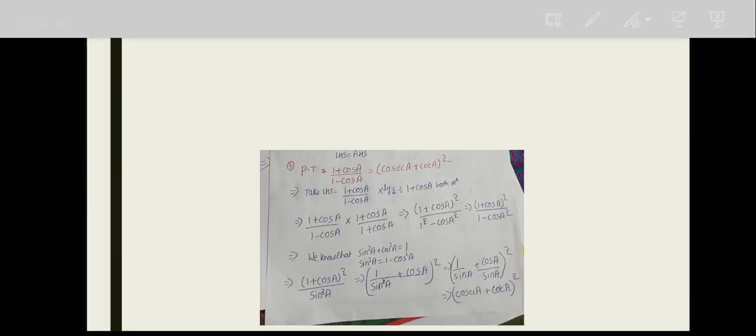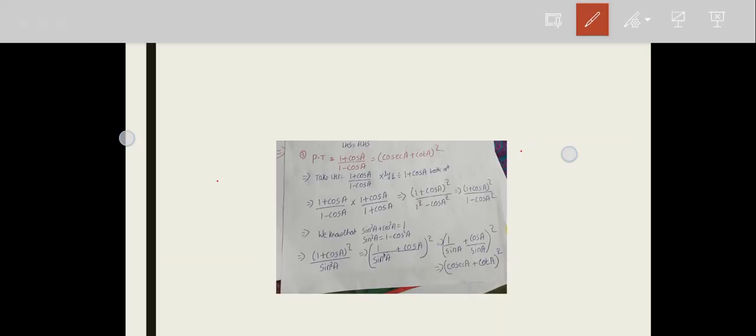Next we will go for the next problem. You can see here: the square root of (1 minus cos A) by (1 plus cos A) equals cosecant A plus cot A. First we take the LHS part. We multiply and divide by 1 plus cos A in both numerator and denominator.